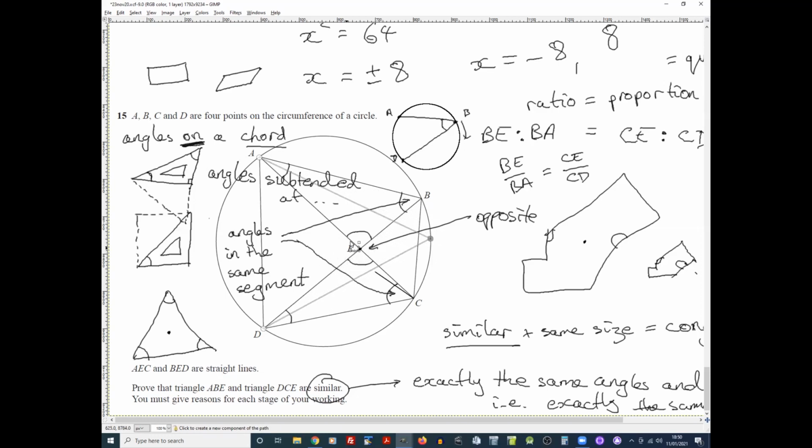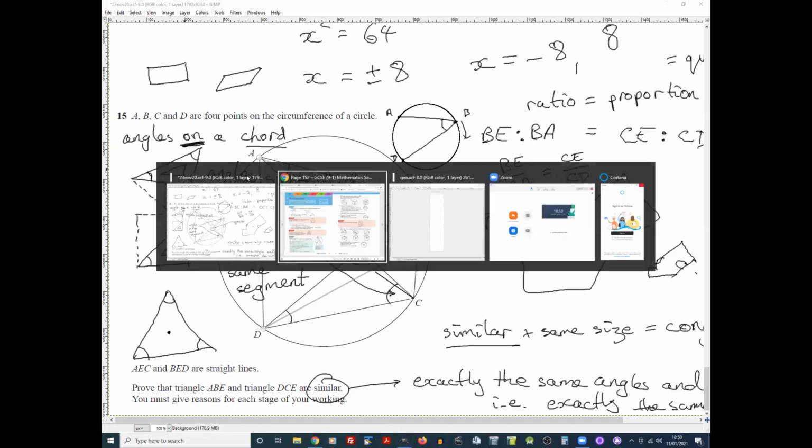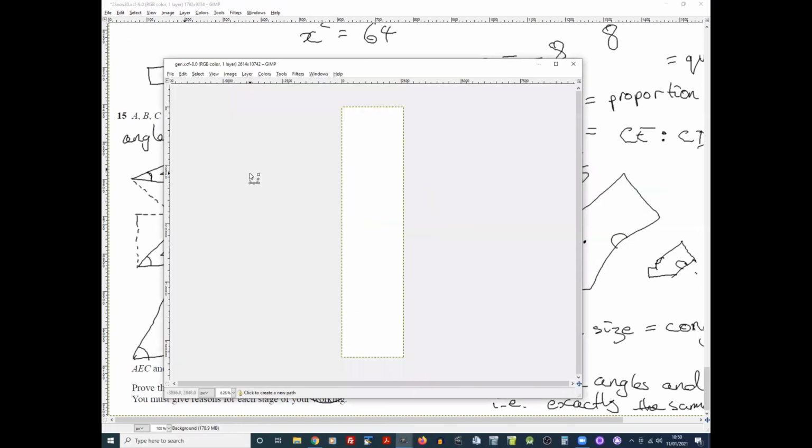And I was going to use E. Right, I'll go to a new sheet. So here's a circle.